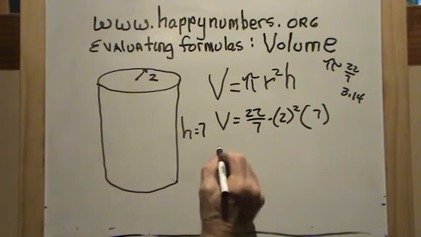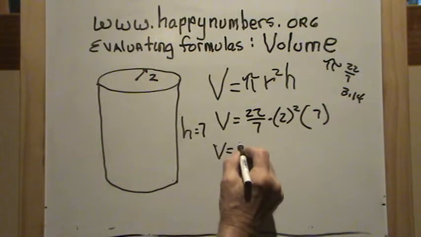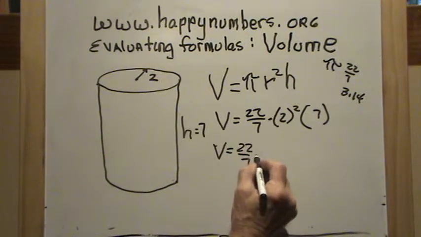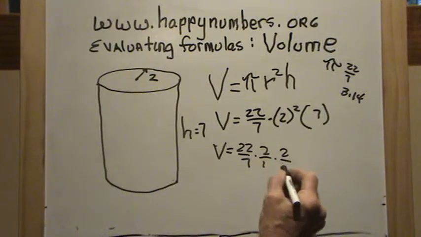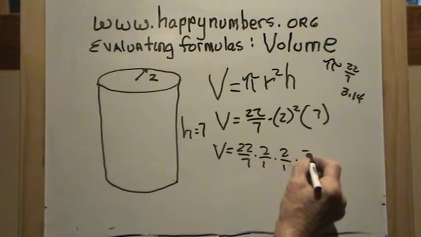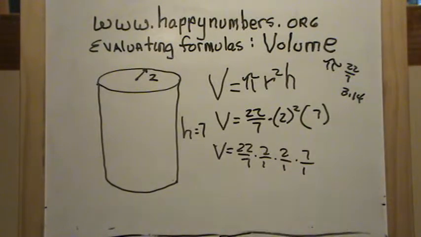So the volume is equal to 22/7 times 2 over 1 times 2 over 1 times 7 over 1.